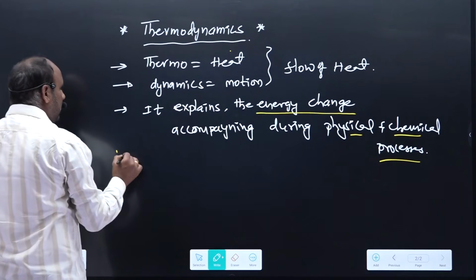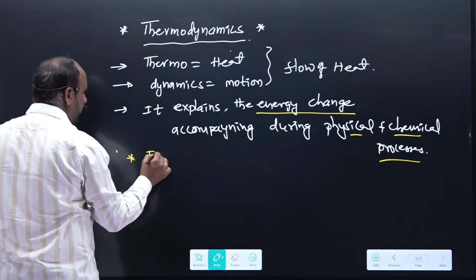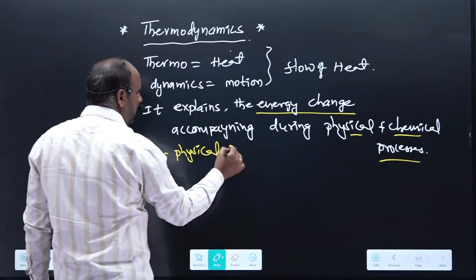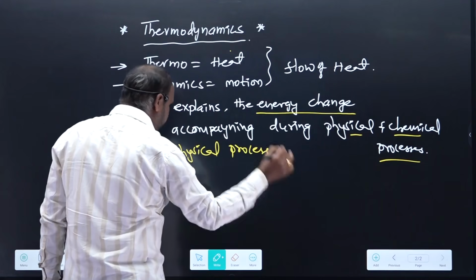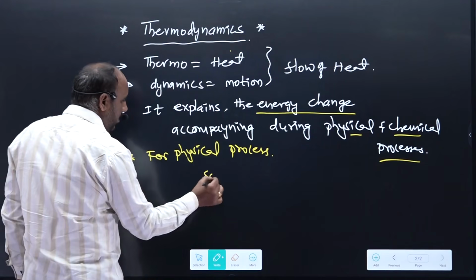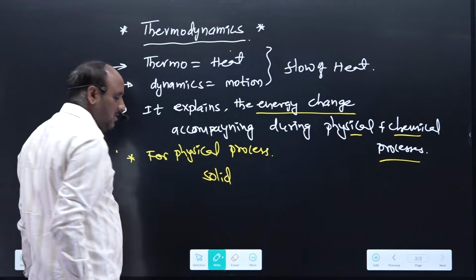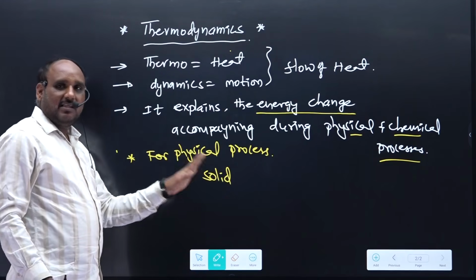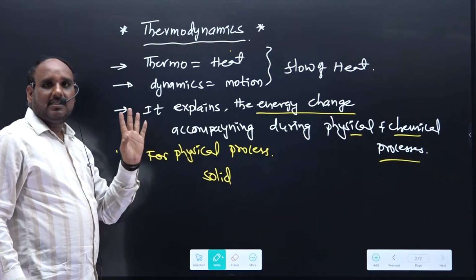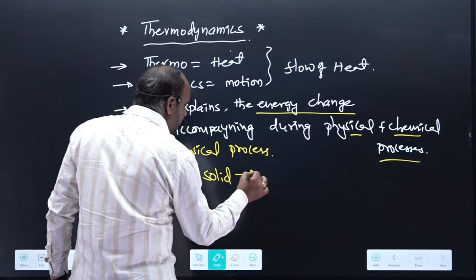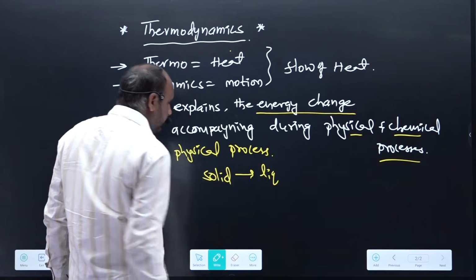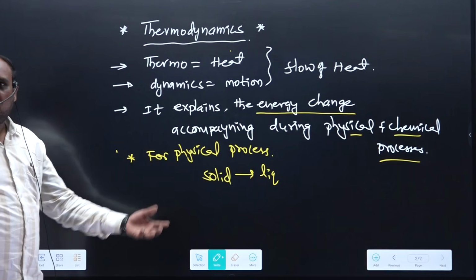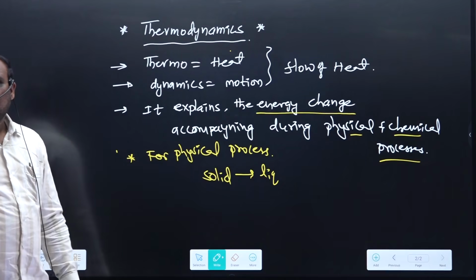So for example, physical processes. How many states of matter are there? Majorly 5, but we have to focus on 3: solid, liquid and gas, right? When solid is converted to liquid, is it by absorbing heat or by releasing heat?